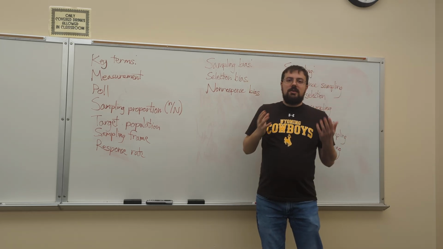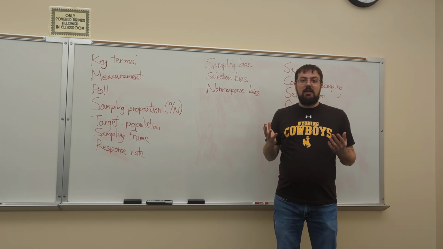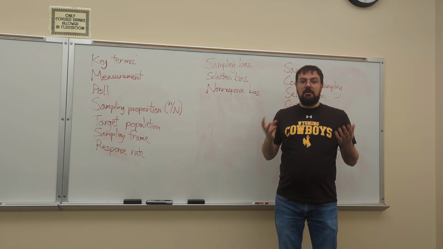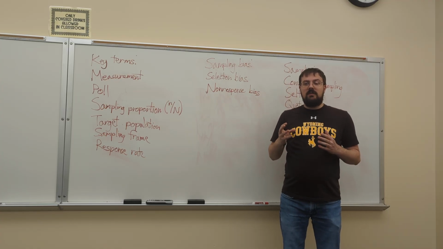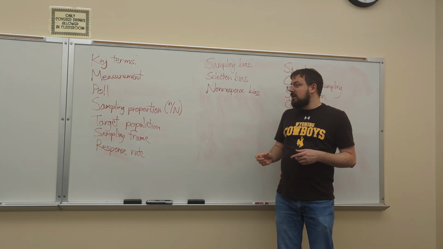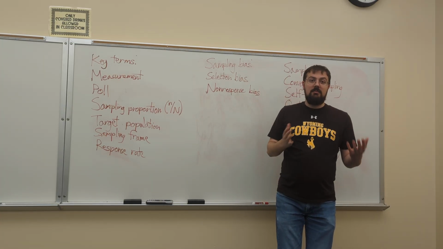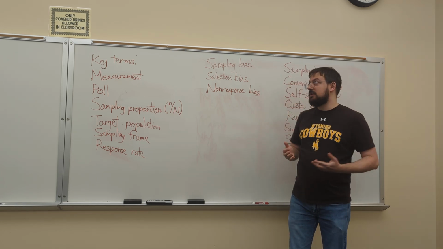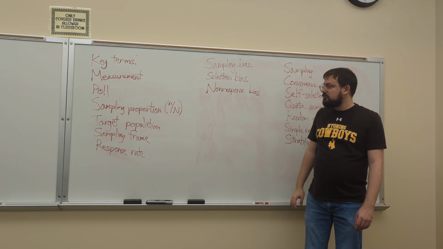So selection bias is essentially where we have a method for selecting our sample from a population in a way that systematically favors certain individuals to be selected over others. So if our sampling frame doesn't match our target population, then basically we have some individuals within a population that are never going to be selected for our sample. This would result in selection bias.